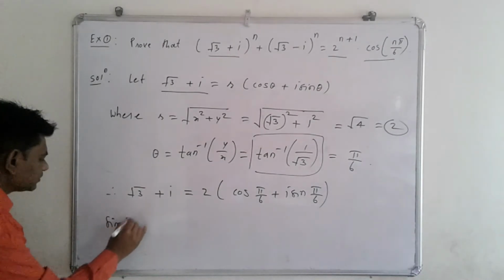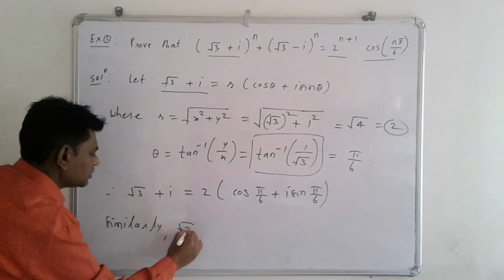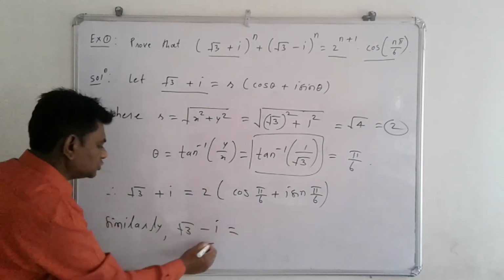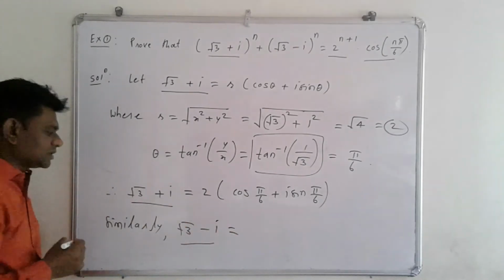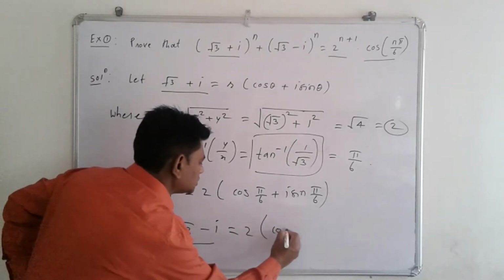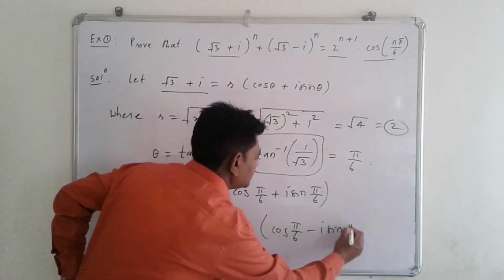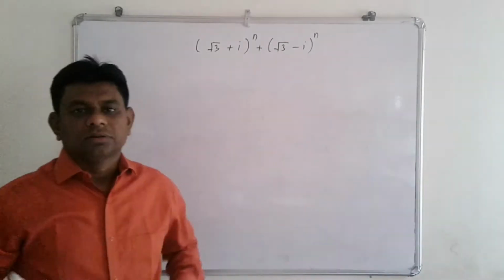Similarly, root 3 minus i, this is the conjugate of the given complex number, is equal to 2 times cos pi by 6 minus i sin pi by 6.